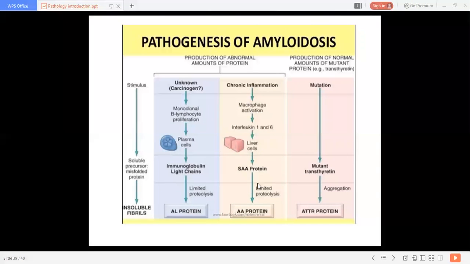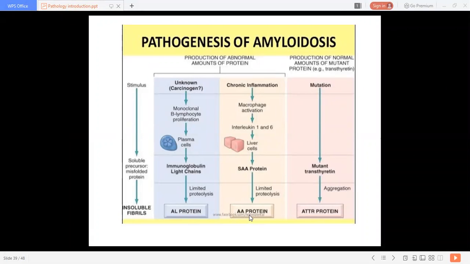And whenever this partial degeneration occurs in the reticuloendothelial system, AA proteins get formed, or AA amyloid gets formed extracellularly. So this is the pathogenesis of formation of AL protein and AA protein.